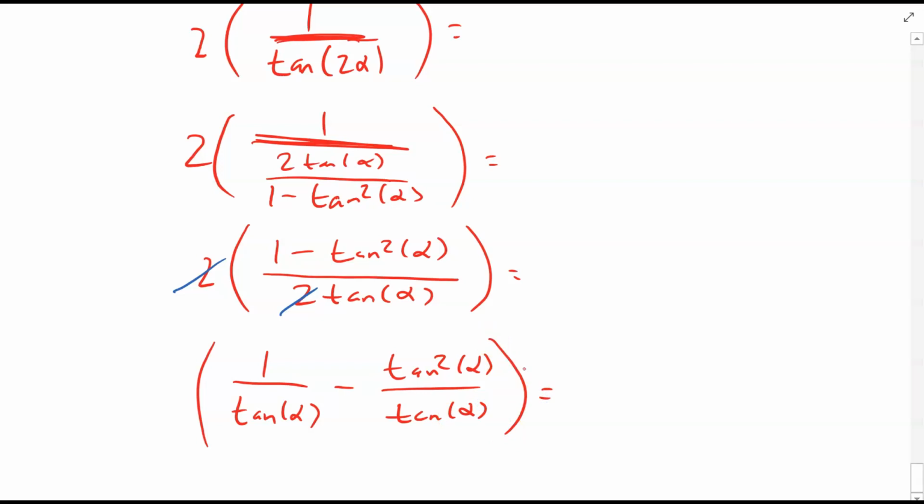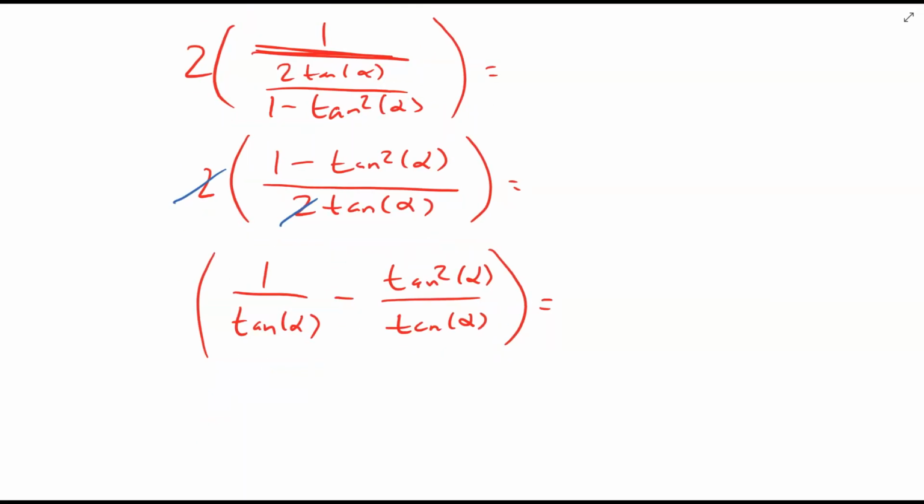Everybody okay with what I did there? Now note that this trick only works if you have a single thing in the denominator, right? You can't break a denominator up into the sum or difference of 2 different fractions like we did there. The denominator has to be the same in both fractions when we break that apart.